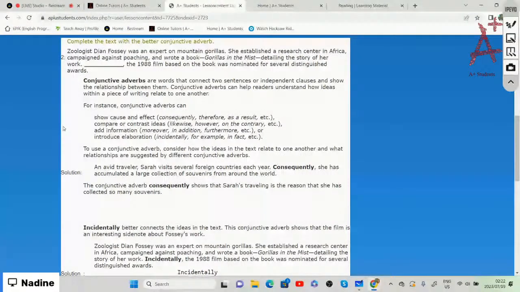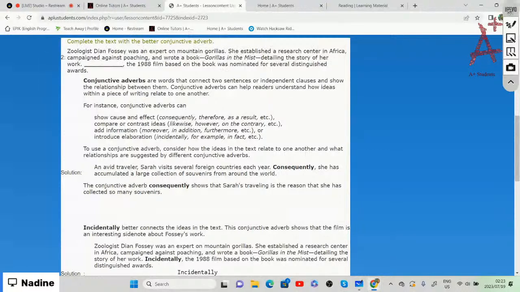All right, so we're going to reread it again and then add our conjunctive adverb. So, zoologist Diane Fossey was an expert on mountain gorillas. She established a research center in Africa, campaigned against poaching, and wrote a book, Gorillas in the Mist, detailing a story of her work.